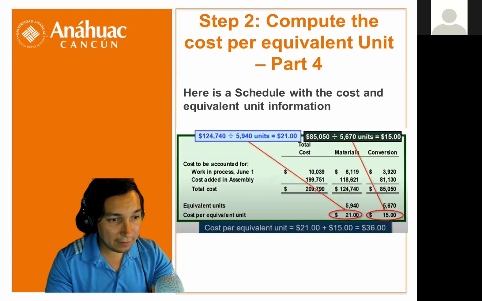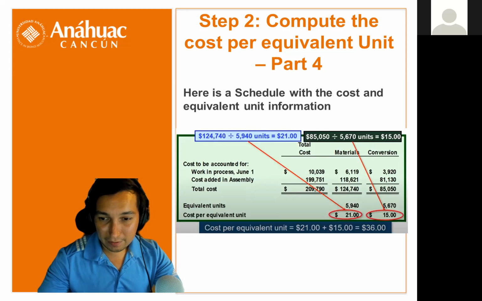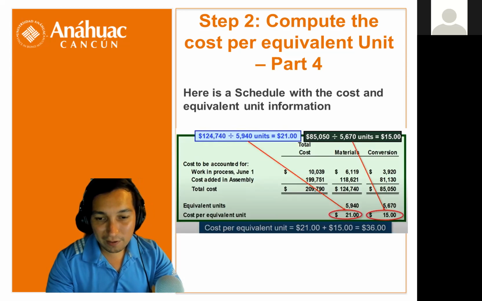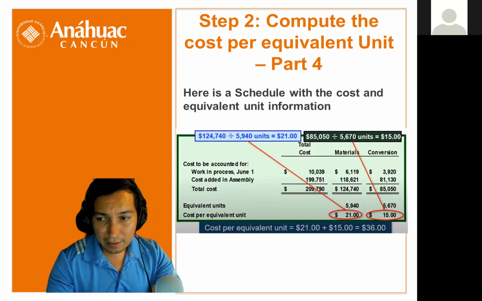Let's see how it resolves. Then we get our cost per equivalent unit. So 124,740 divided by the equivalent units will give us the cost per equivalent unit.